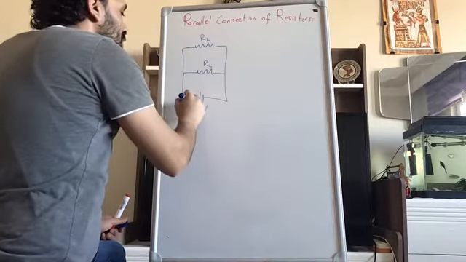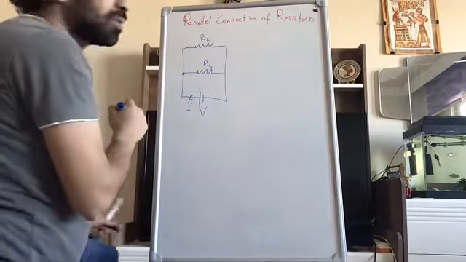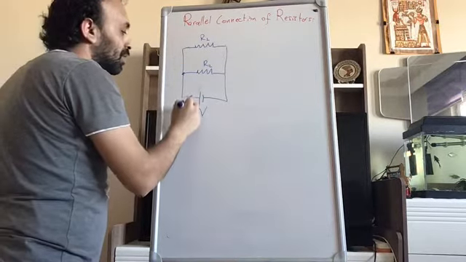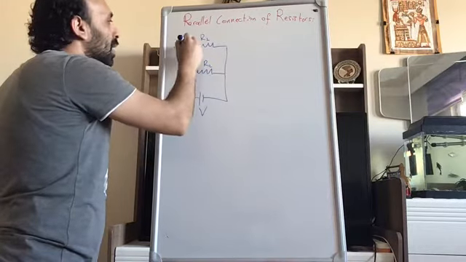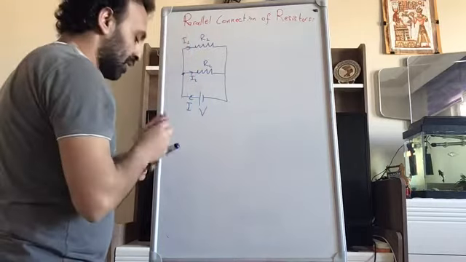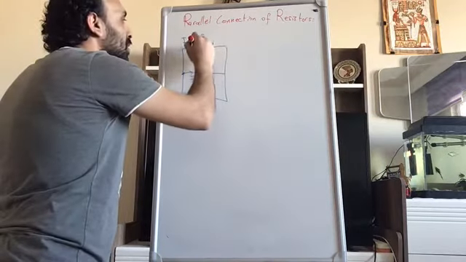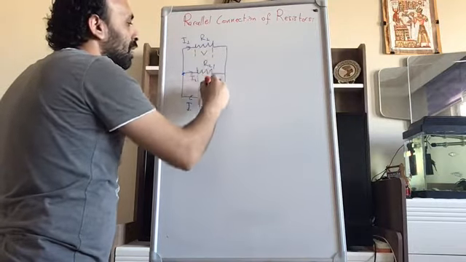Now the electric current I is going, but at this point there are two ways the electric current can go. So the electric current will split, so I2 will follow this way, while I1 will follow this way. In the parallel connection, the electric potential between the ends of R1 and between the ends of R2 will be the same.